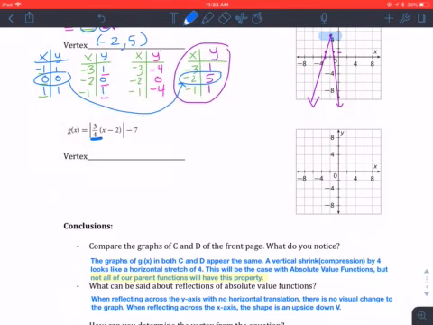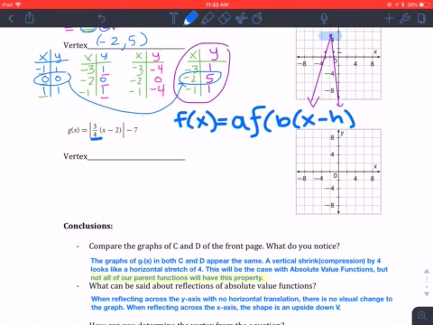Notice this is a b value because when we're doing transformations, we have f of x equals a times our function times b of x minus h plus k. So as long as this b value is factored out, h, k is our vertex.